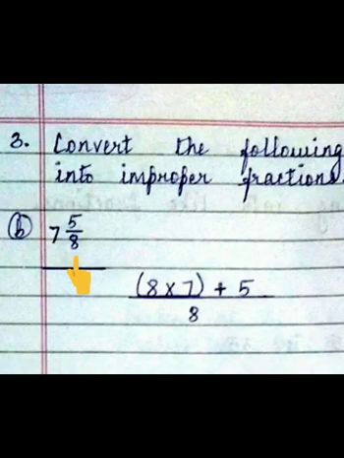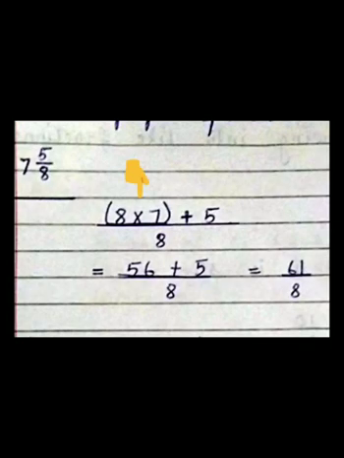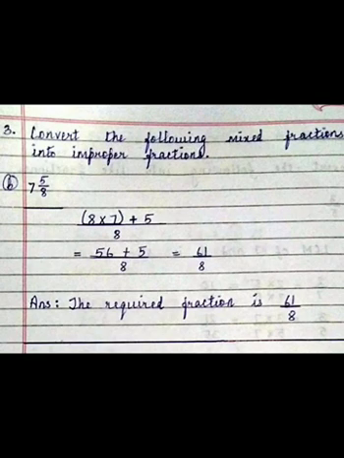Multiply the denominator 8 and whole number 7. 8 into 7, put it within a bracket plus 5. 8 into 7 is 56 plus 5 upon 8 is equal to 56 plus 5 is equal to 61 by 8. Write the answer. The required fraction is 61 by 8.